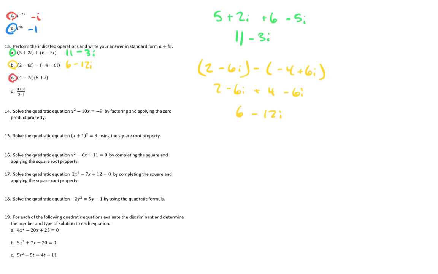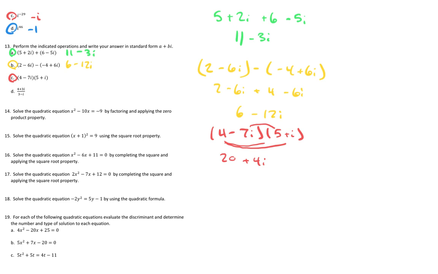Okay, part C, we're going to make things a little bit trickier, but still not too hard. It's the same as what we used to do where we have to FOIL it, except now we're including i's. So if we FOIL this out, we have 4 times 5 is 20. 4 times i is 4i.